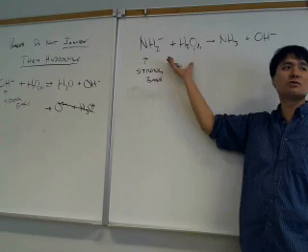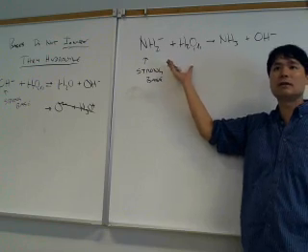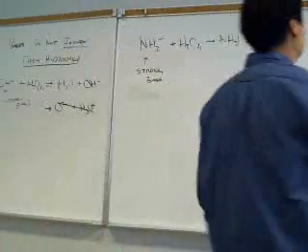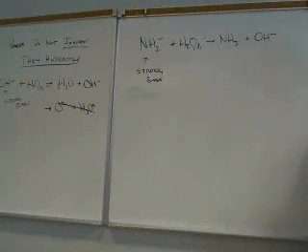It hydrolyzes water completely. How about ammonia? Ammonia doesn't ionize. Ammonia is a base, it's going to hydrolyze. And so when we look at ammonia and water, what does it form? Ammonium and hydroxide.